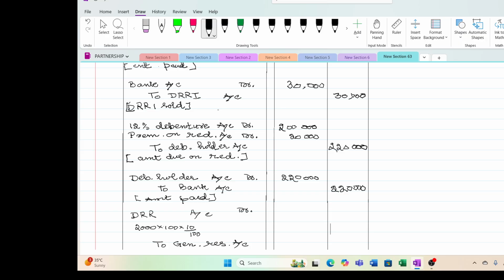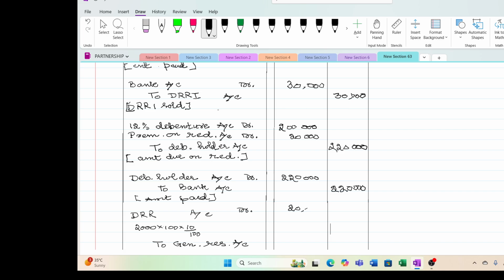After this, we have to reverse the debenture redemption reserve that we created into general reserve. Here you have to keep in mind, only that much of debentures which are getting redeemed. Only 2,000 debentures are getting redeemed, only to that extent we are going to transfer it to general reserve account.